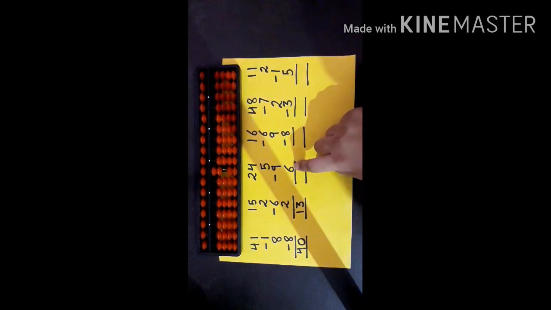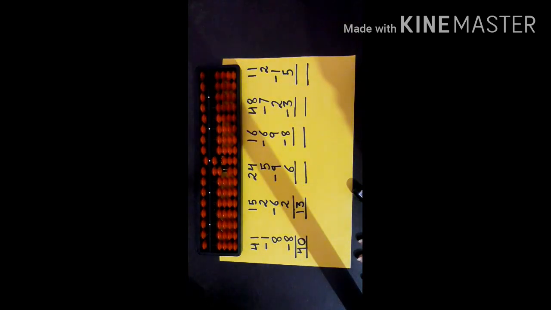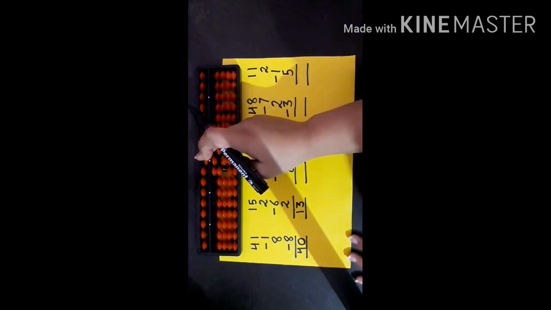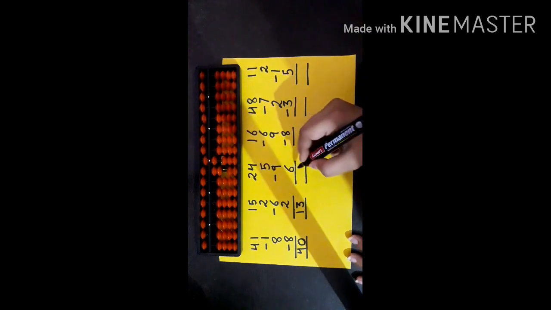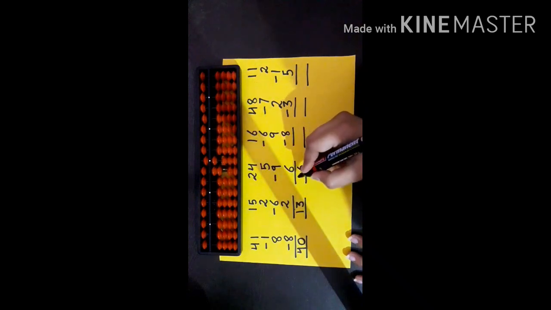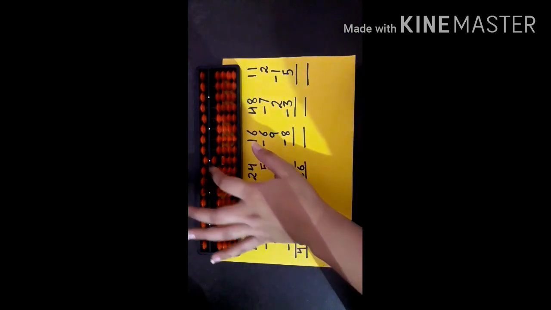Now 6. Now what is your answer? 5, 6. 6 in units rod and 1, 2 in tens rod. So answer is 26.